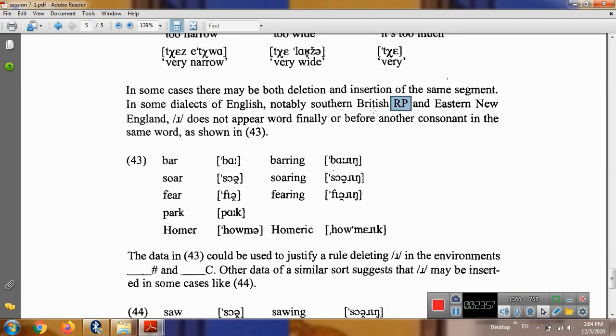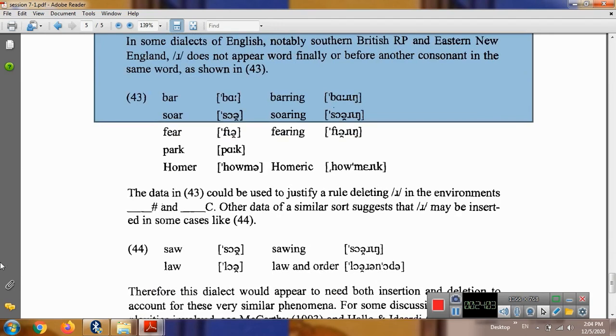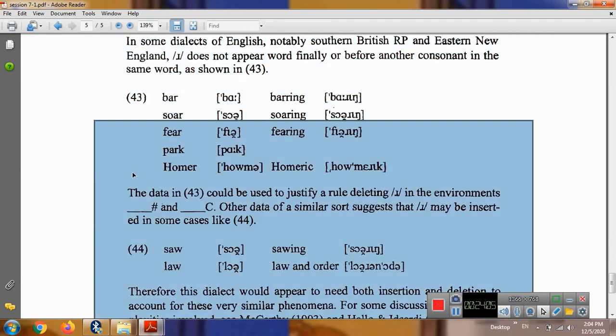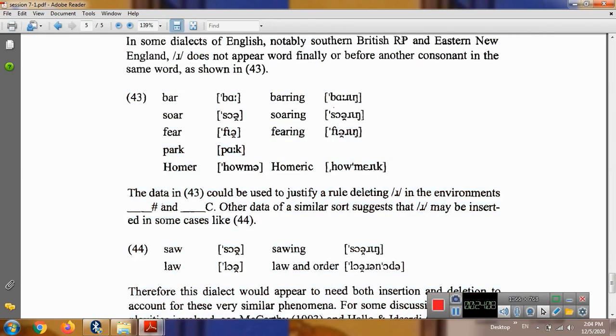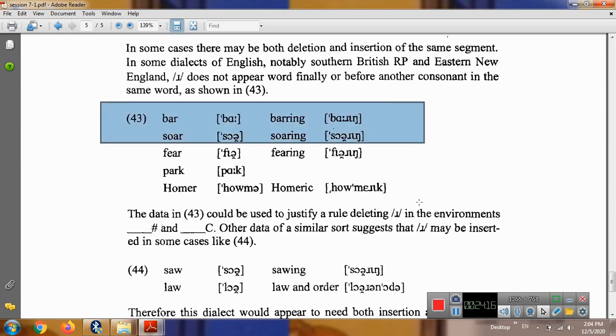It is a phonetic form of the sounds. It is a representation of phonetics. Here we have, please pay attention to this data. We have bor, sor, fia, park, hama.